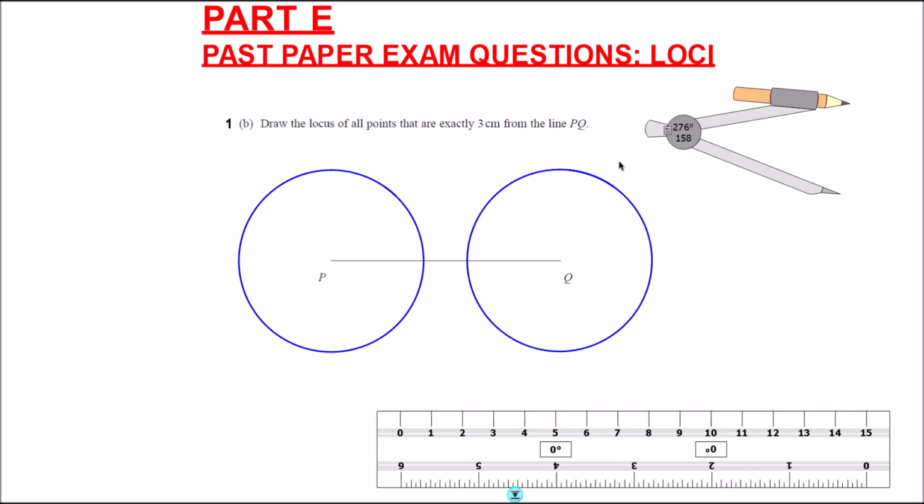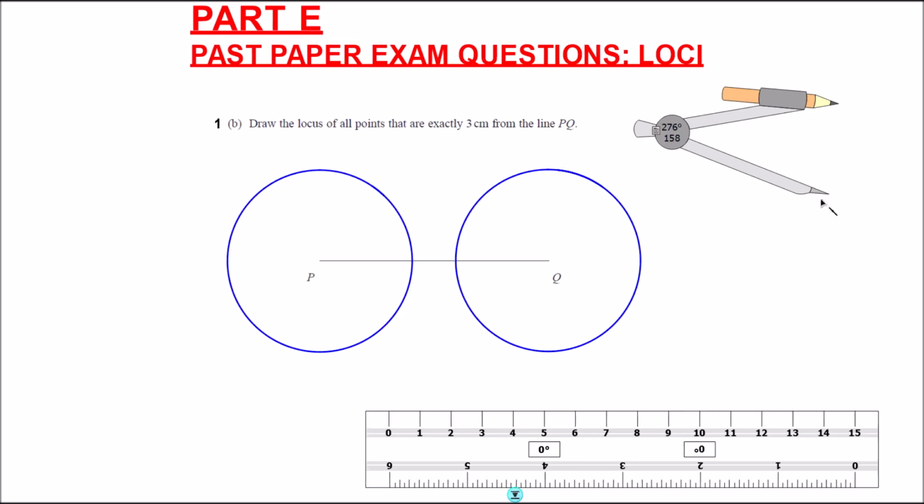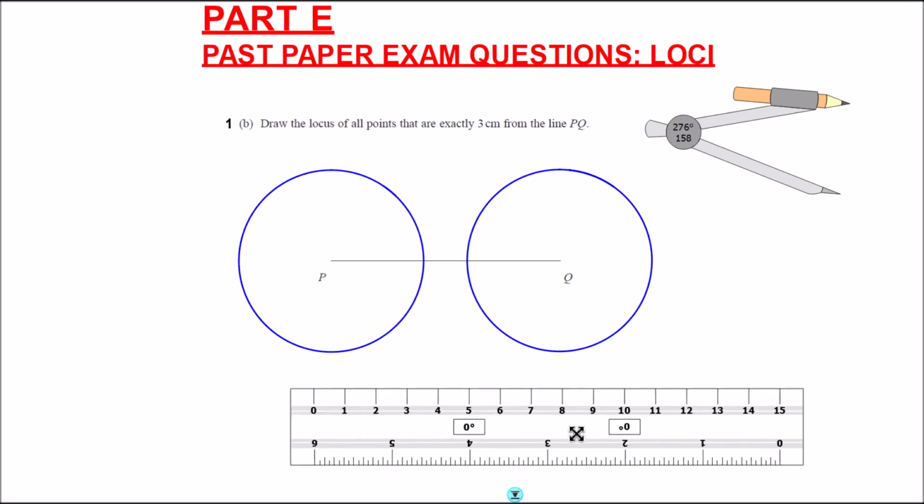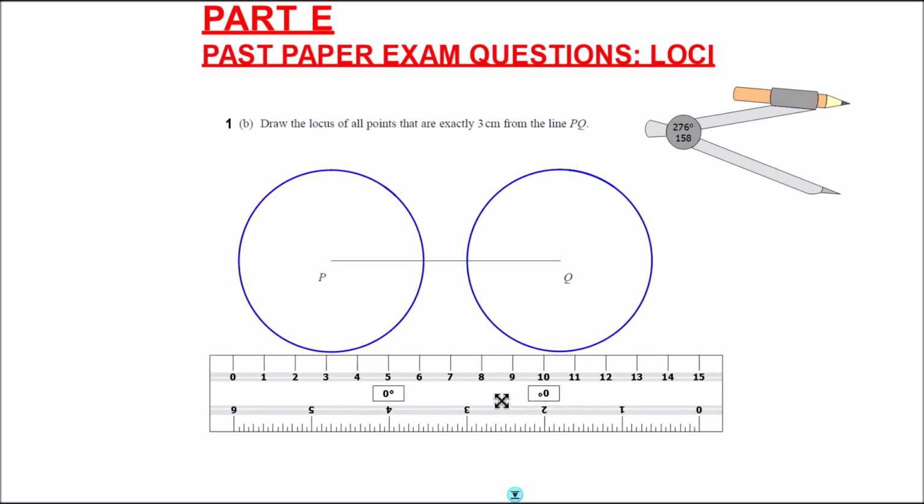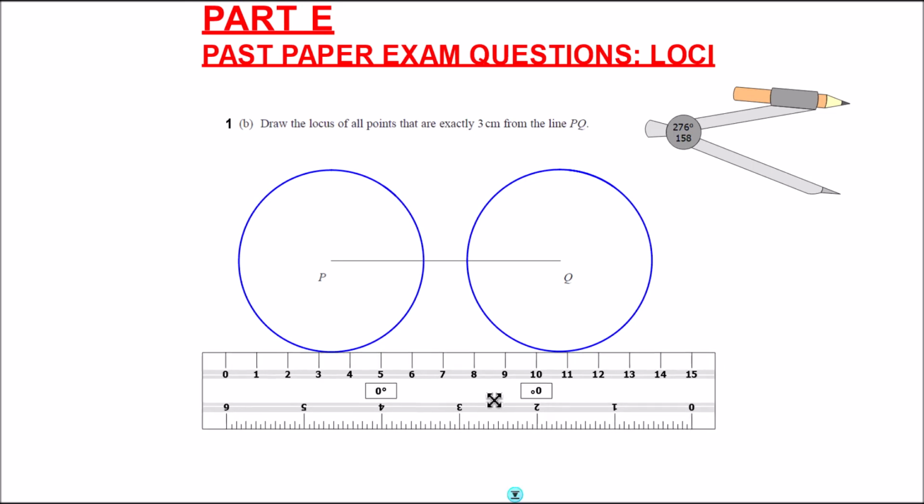Now in terms of all the points that are 3 centimeters away from the line PQ, what we need to do is use a ruler and do a straight line that just scrapes the top edges of these circles. So what we need to do now is to get our ruler and just keep going until it just scrapes the circles like this.